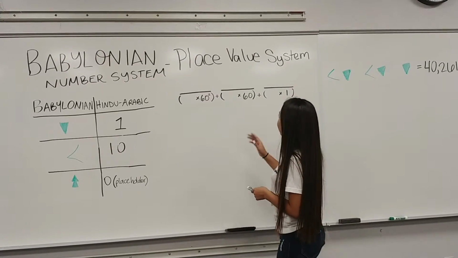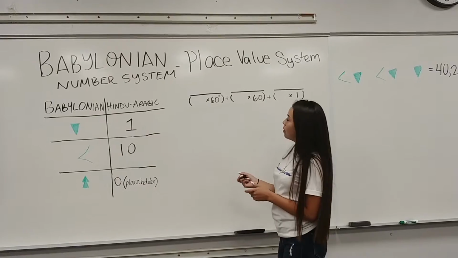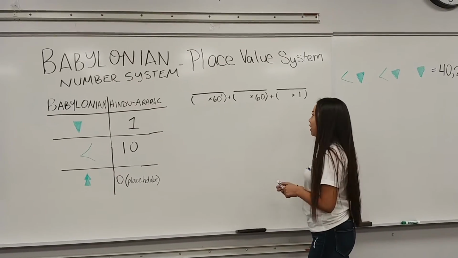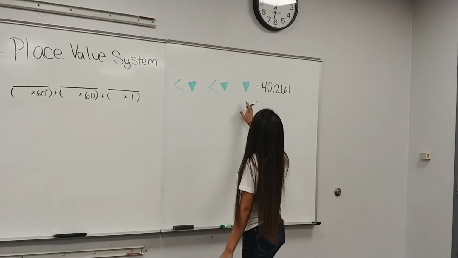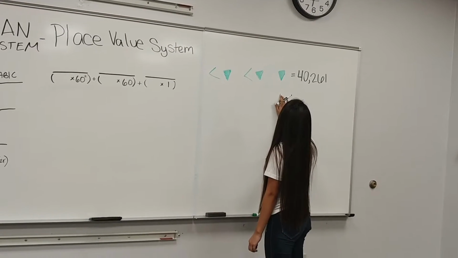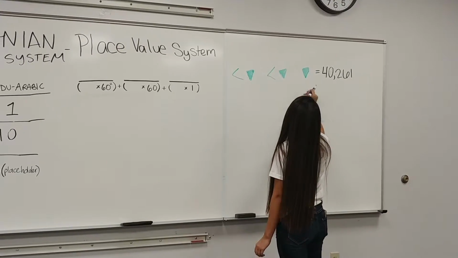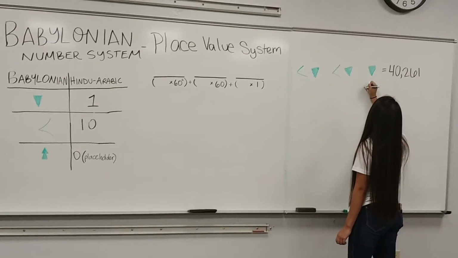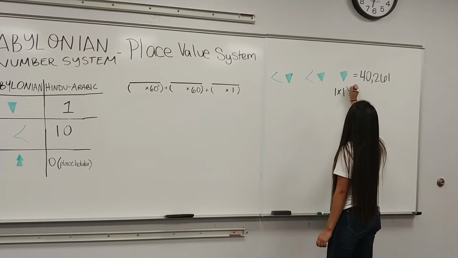Every different place value would have a space in between to indicate that it's a different place value. So for example, in the first place value, 1 triangle equals 1, so this would be 1 times 1.